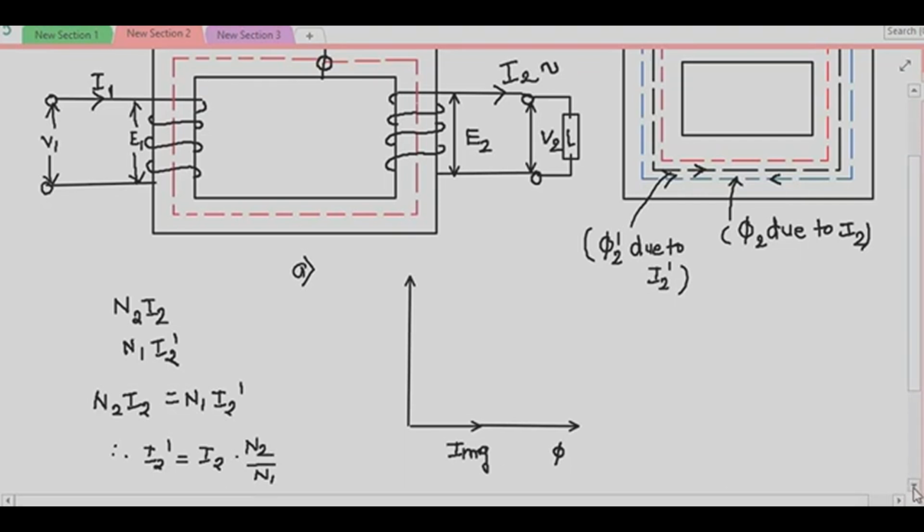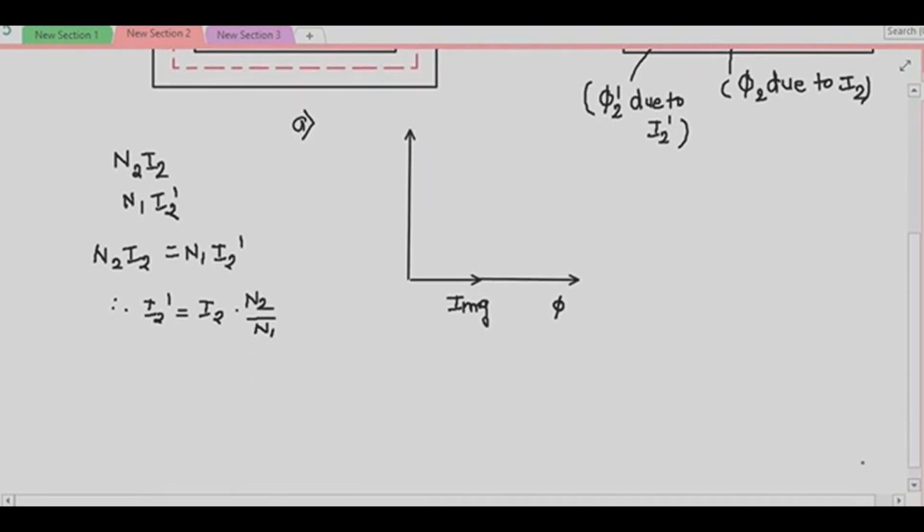But students, in the last lecture we have seen what N2 by N1 is. N2 by N1 is nothing but K. So I2 dash is equal to K into I2. Okay. So this current I2 dash is always in anti-phase with the current I2.